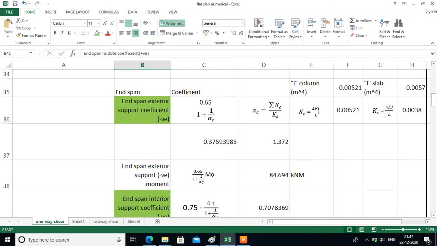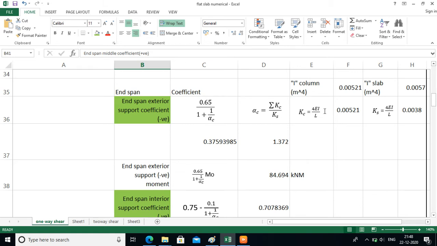For a column of square or rectangular shape, the stiffness coefficient is 4EI by L. For this we must know E, I and L. As we are doing this calculation for RCC, we are not going to put the value of E here because it is common, and as this is a ratio it will cancel in the further calculation. So we keep E as it is.